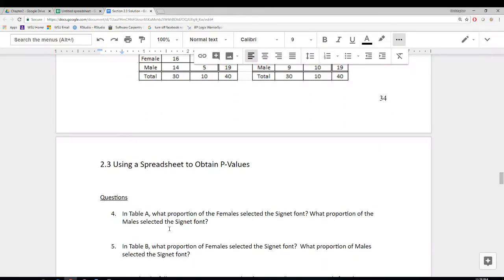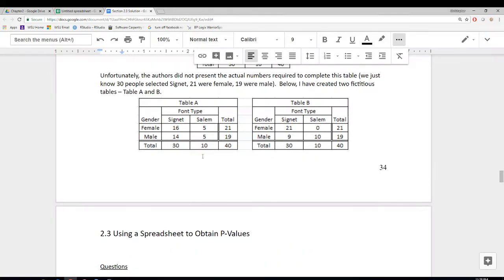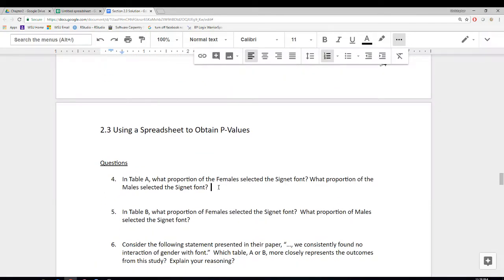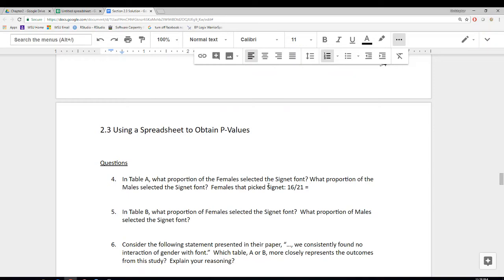So in Table A, what proportion of the females picked the Signet font? I would need to take 16 divided by 21. For females that picked Signet, 16 divided by 21, I'm getting 76% or so.